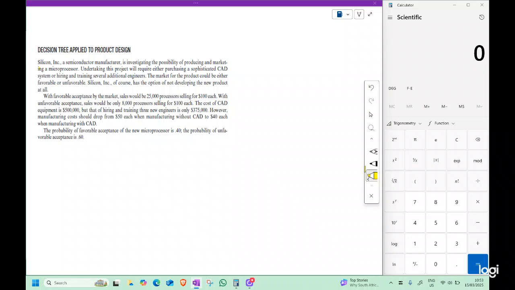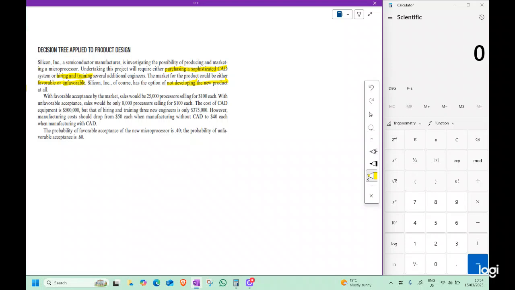Undertaking this project will require either purchasing a CAD system or hiring and training several additional engineers. The market for the product could be either favorable or unfavorable. Silicon Incorporate, of course, has the option of not developing the new process.